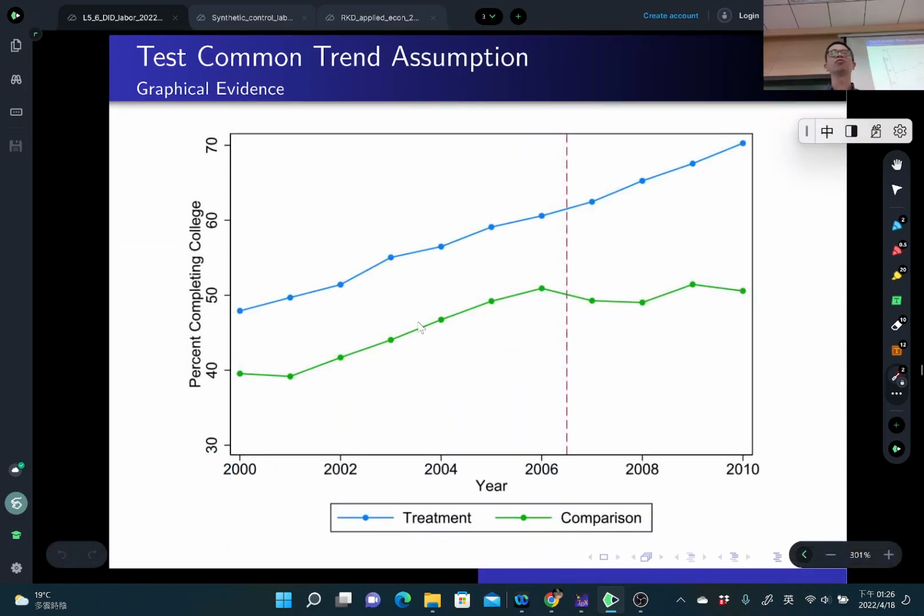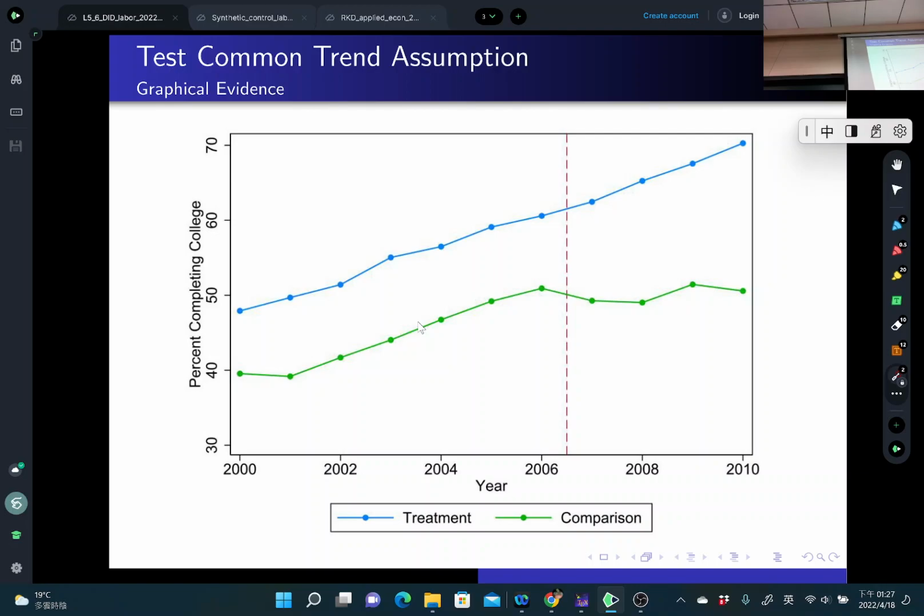Okay. So for example, you can just draw a graph to understand the outcome for the treatment group, the blue line, and the outcome for the control group, the green line. And the red line means the date the treatment happened, the treatment year. From this graph, you should find that before treatment happened, these two groups' outcomes look similar, have similar trend.